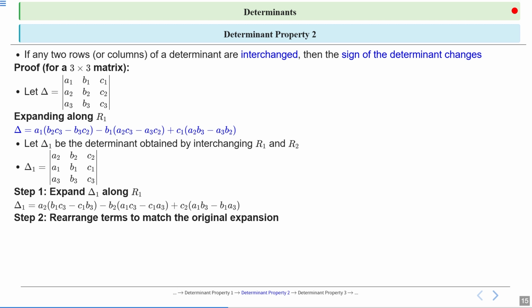So rearranging terms to match the original expansion, we get delta 1 is equal to minus A1 into B2 C3 minus C2 B3, plus B1 into A2 C3 minus C2 A3, minus C1 into A2 B3 minus B2 A3.